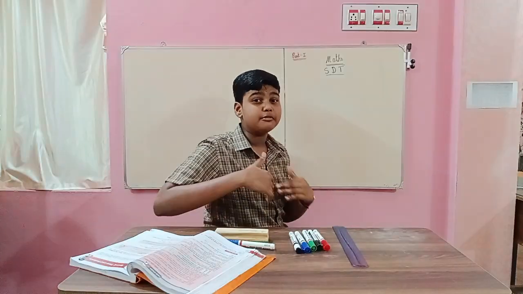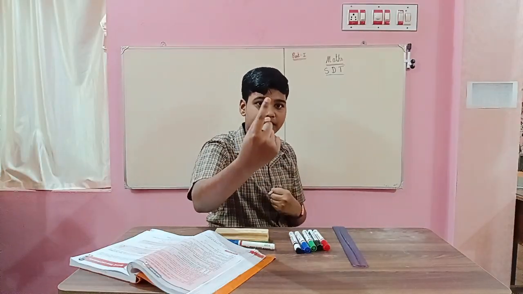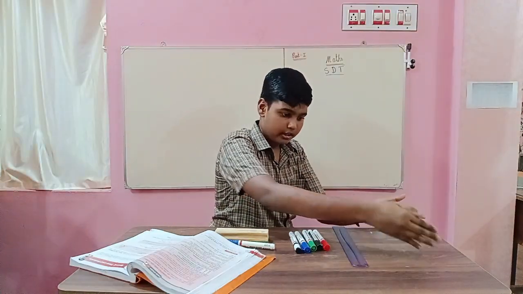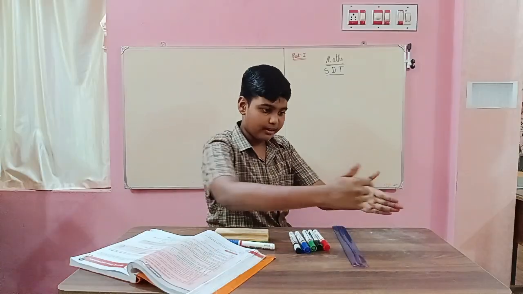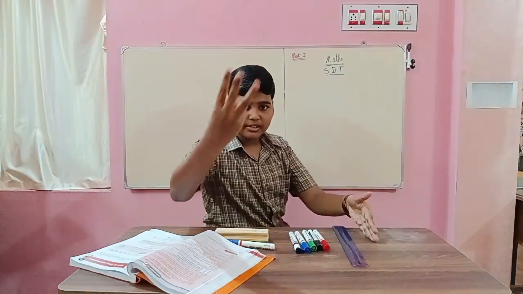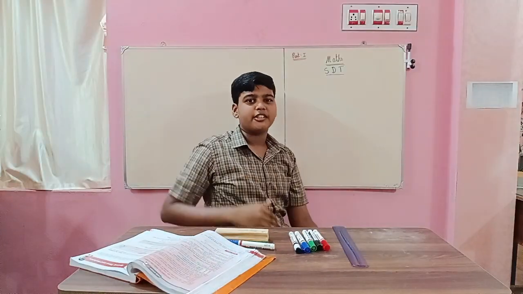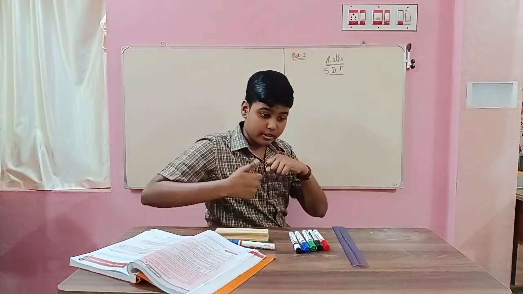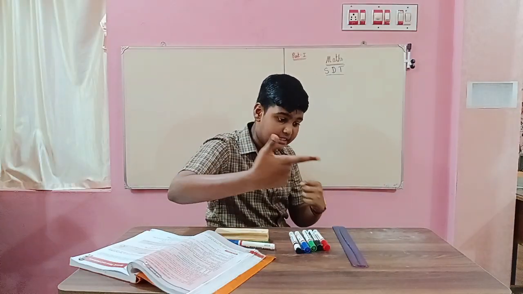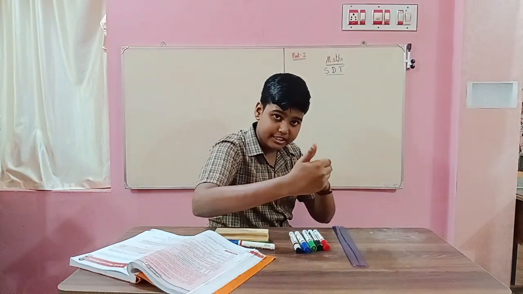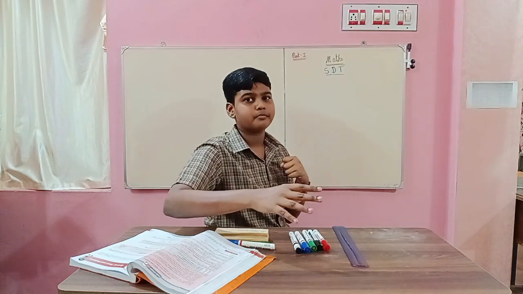But here what I want to say is: 1 hour, 40 kilometer; 2 hour, 80 kilometer; 3 hour, 120 kilometer. Did you understand? It means 40 kilometer in each hour.